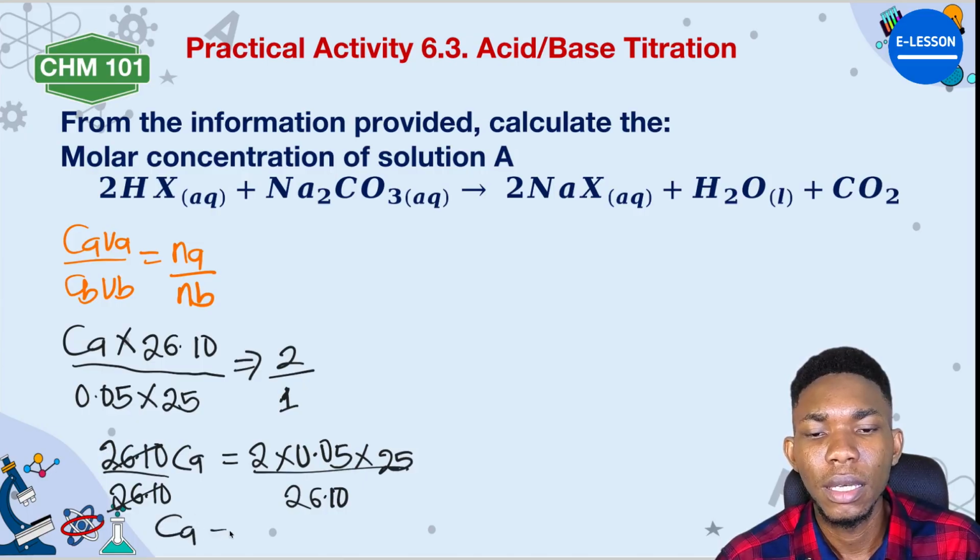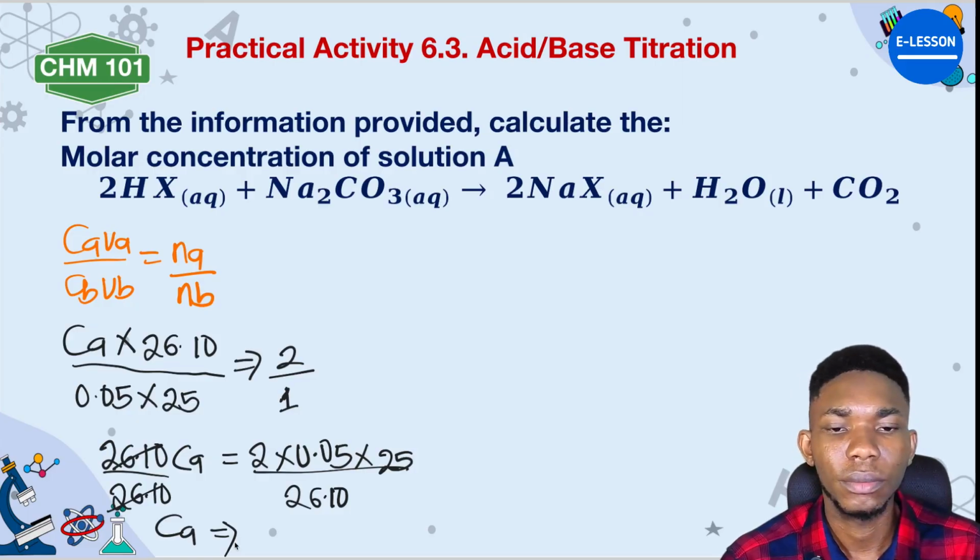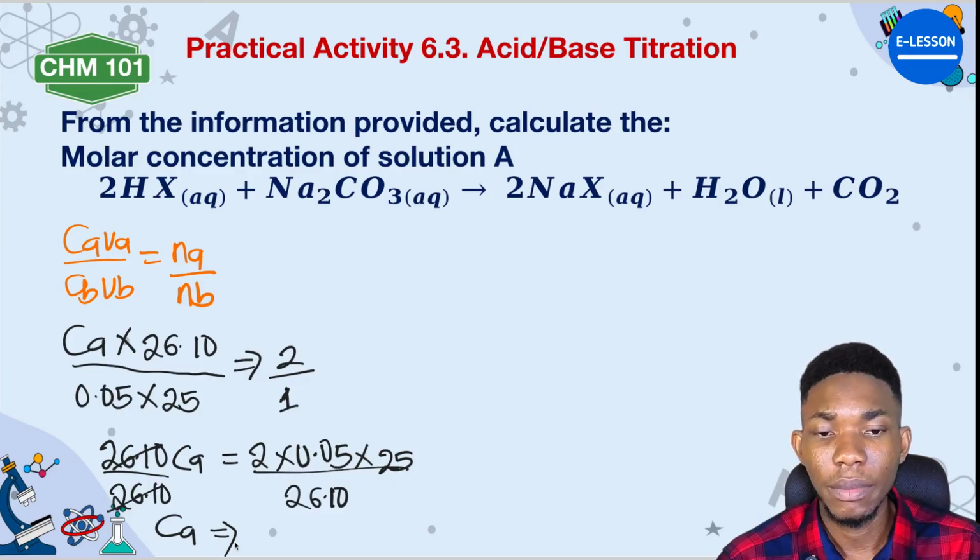Your Ca, if you punch your calculator, is going to give us 2 times 0.05 times 25 divided by 26.10.